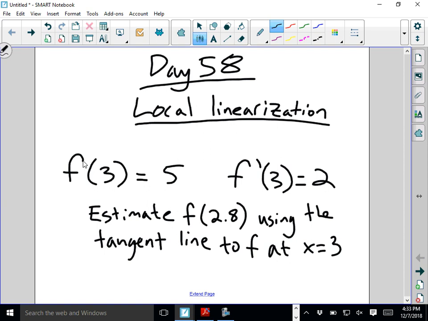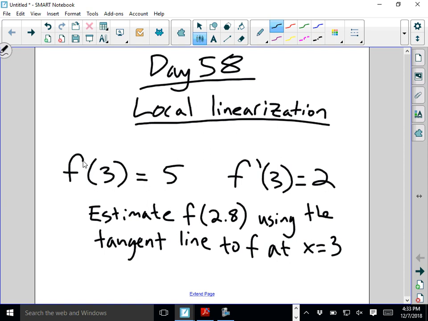But is it going to be a little bit above 5? Is it going to be a little bit below 5? Those are the things that we kind of have to ask ourselves, and we'll be able to answer using local linearization. Or maybe you know it's going to be less than 5, but is it going to be 4.9 or 4.8 or 4.7 or 4.6 or somewhere in between?